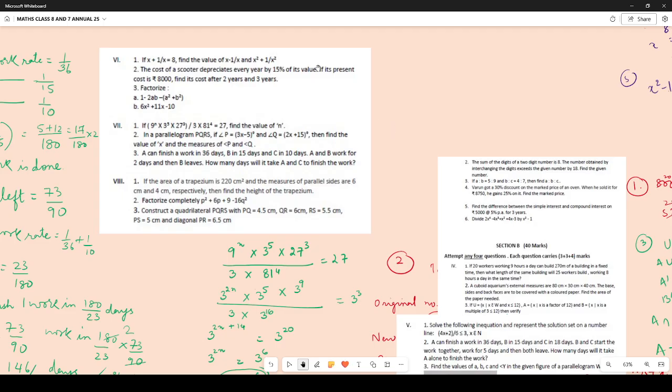So this is 1 minus 2ab minus a square plus b square.